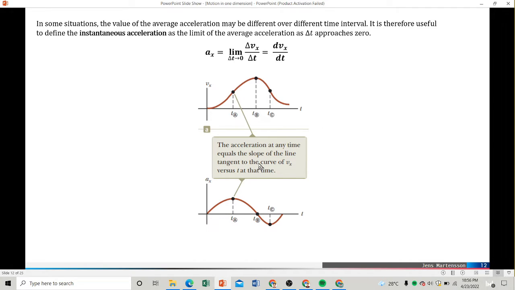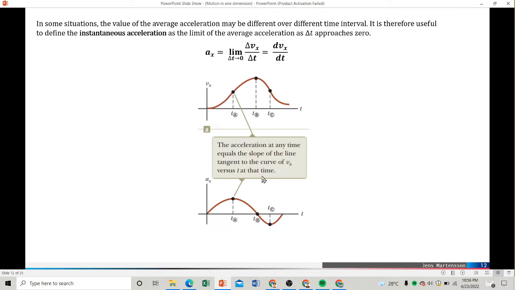The acceleration at any time is equal to the slope of the velocity-time graph at that time, which is the slope of the line tangent to the curve of vx versus t at that time.